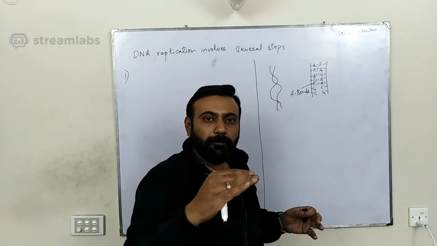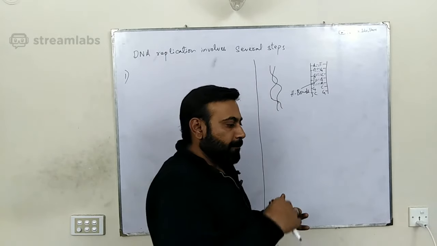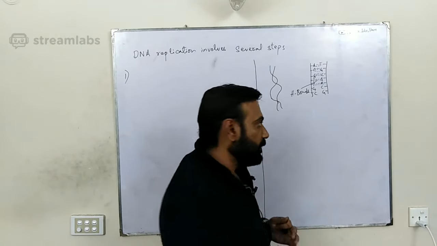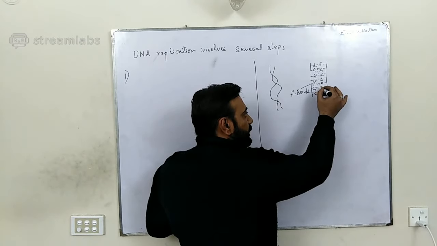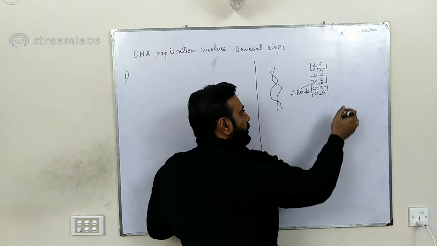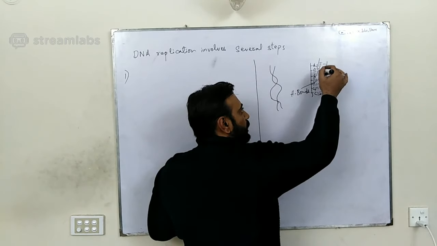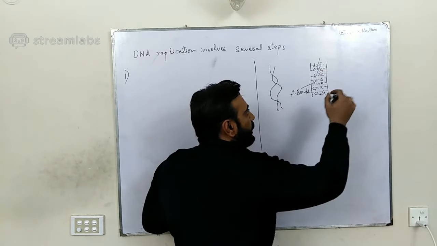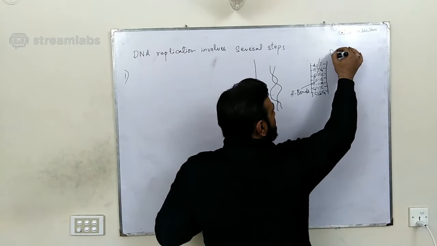This force of attraction starts breaking up from one end and continues breaking up to the other end. That is called the unzipping of the DNA helix. See, these hydrogen bonds start breaking one by one by the action of an enzyme known as DNA helicase.